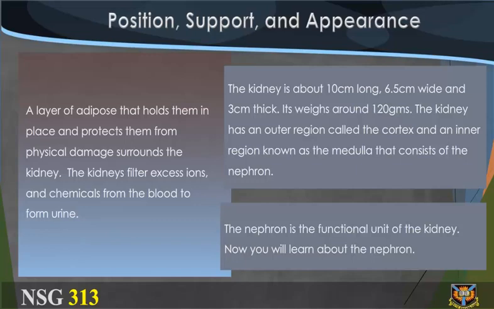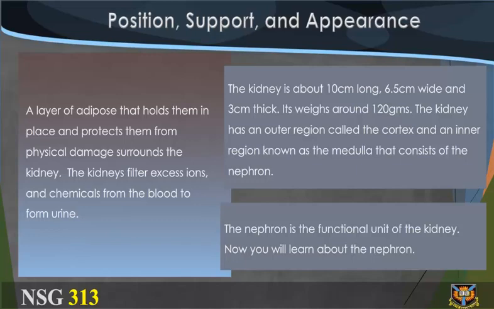The kidney filters excess ions and chemicals from the blood to form urine. The kidney is about 10 cm long, 6.5 cm wide, and 3 cm thick. The weight is around 120 grams.